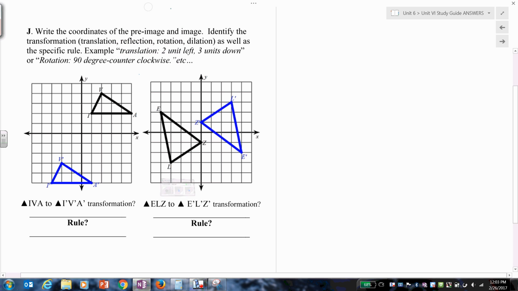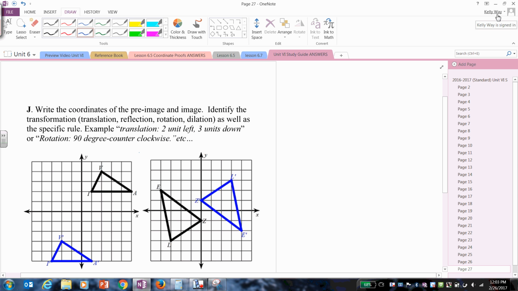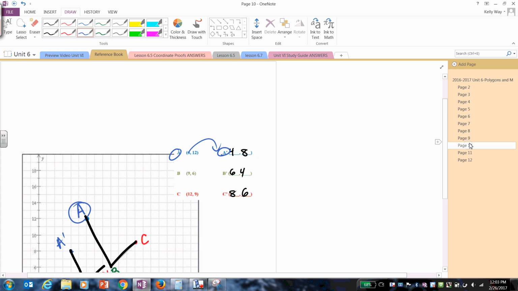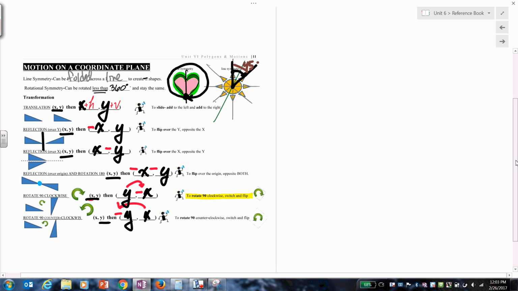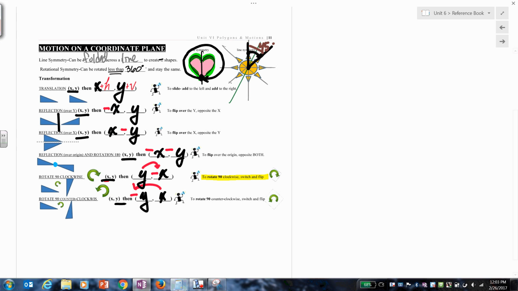For J, you should be looking at this point in your reference booklet, the summary of all the transformations. Your goal is to take these transformations and identify them for this last problem.